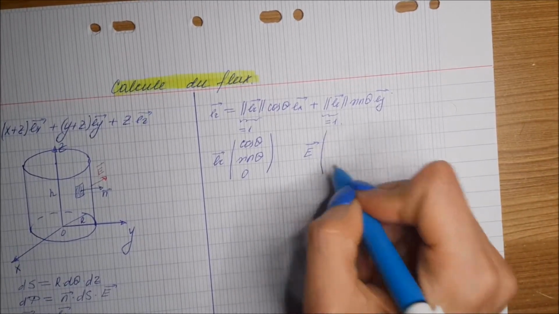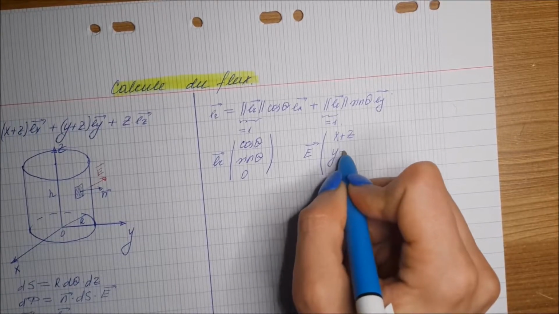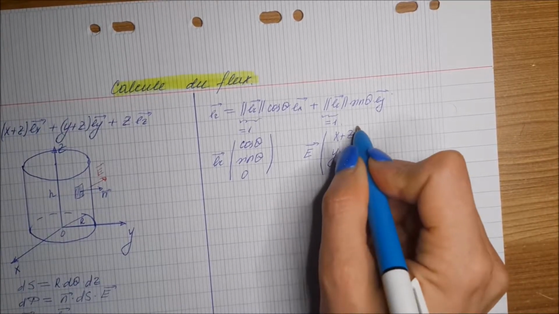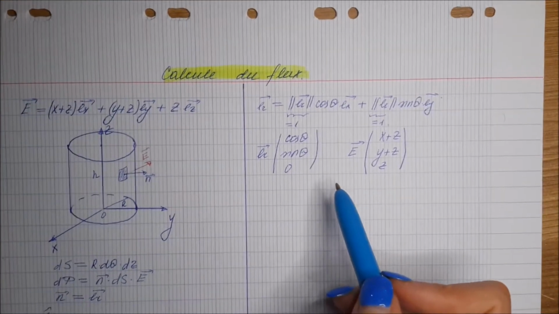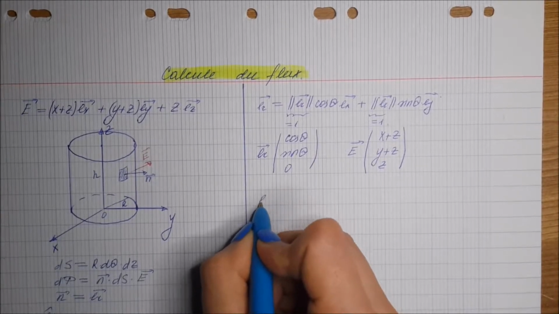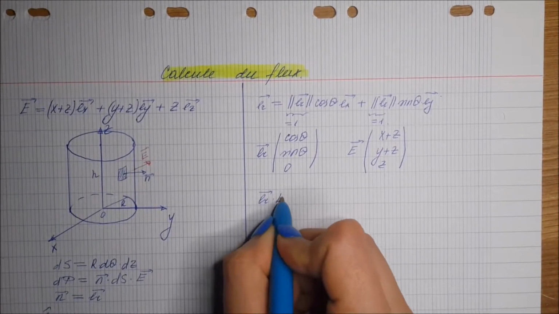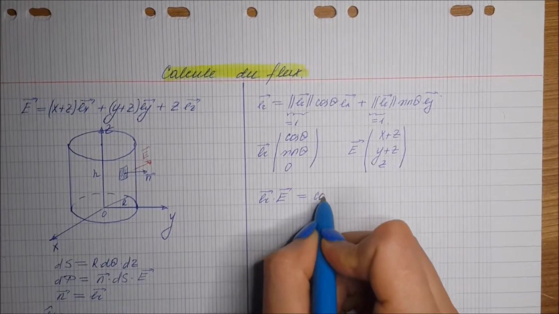And I have my E vector expressed in the Cartesian coordinate system, with three components: x plus z, y plus z, and z. And now I can calculate a dot product. My two vectors are expressed in the same coordinate system.